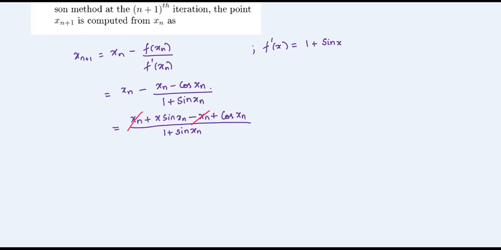This is gone. So x(n+1) is equal to xn sine xn plus cos xn by 1 plus sine xn. Okay, this is the iterative step.